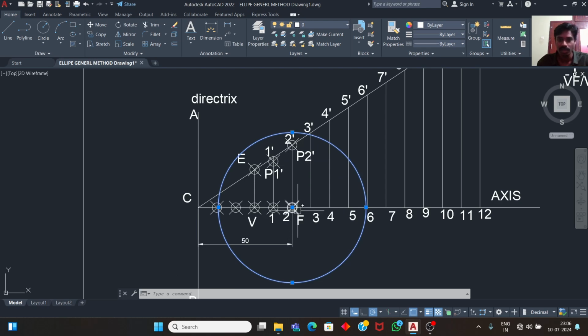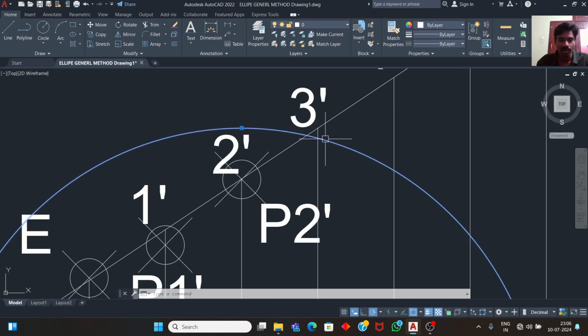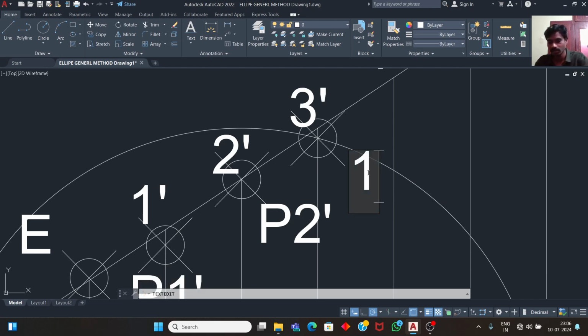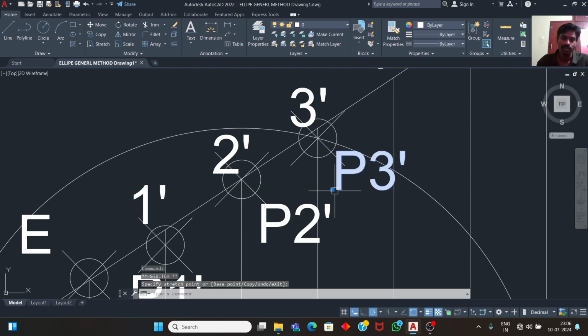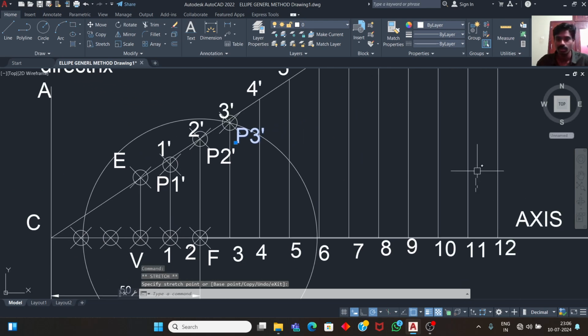Every circle, we need to move to the focus and mark this point. Place the point. This is the point P3 dash. Up to now we get 3 points. We need to mark up to 12 points.